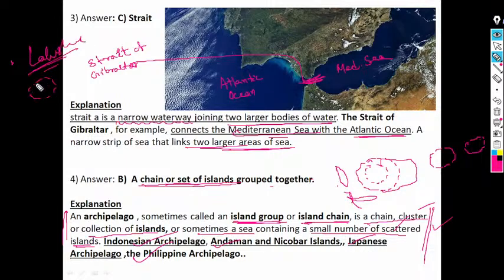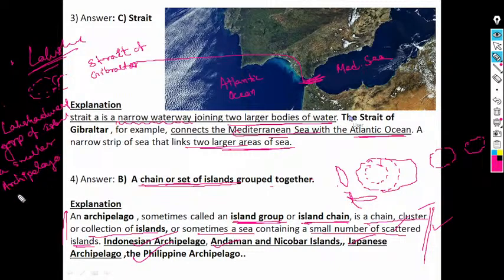We can say Lakshadweep group of islands, a smaller archipelago.